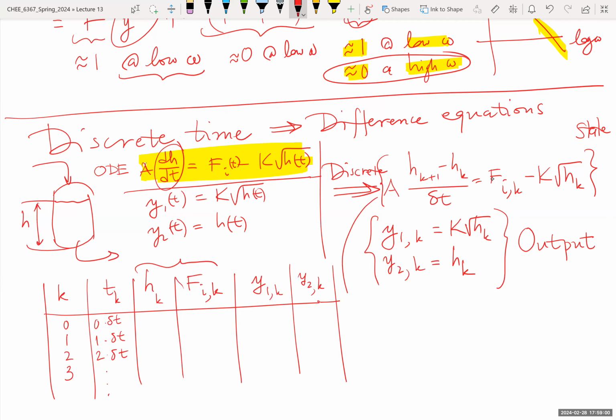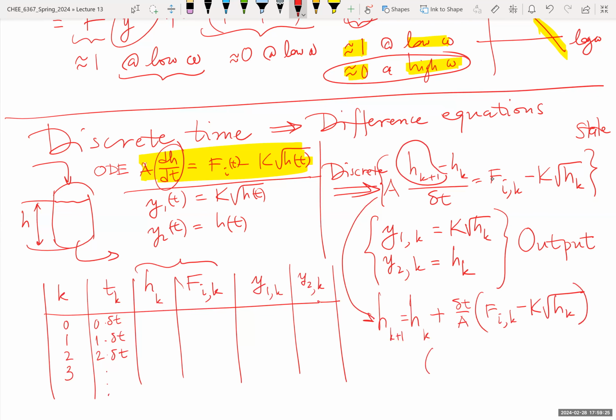And this equation here, I'm going to write in a more convenient form because I want the next value of h to be equal to hk plus delta t over a, times Fi k minus K square root of hk.